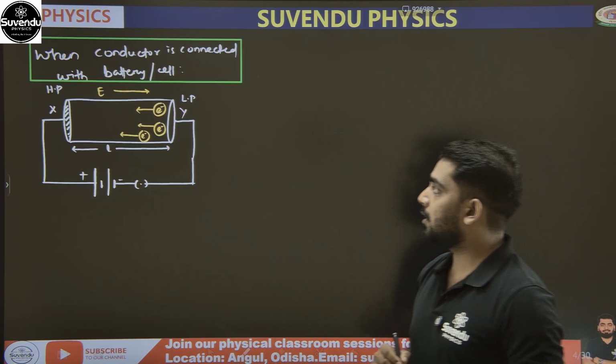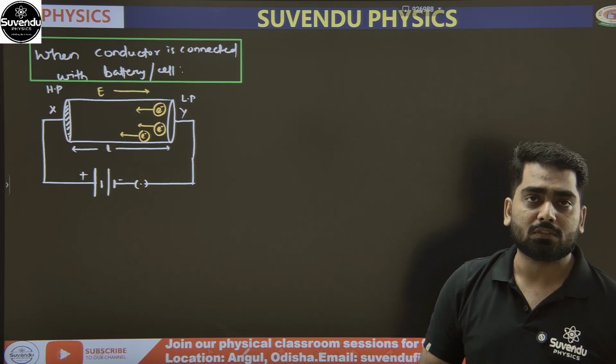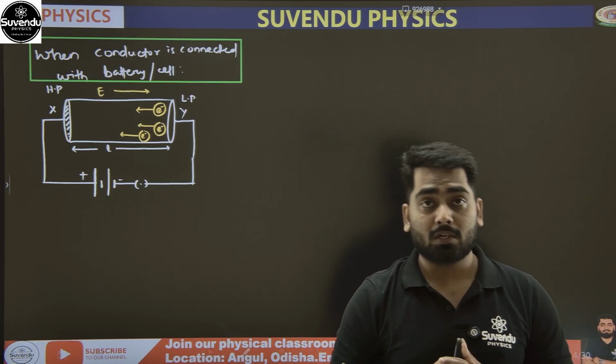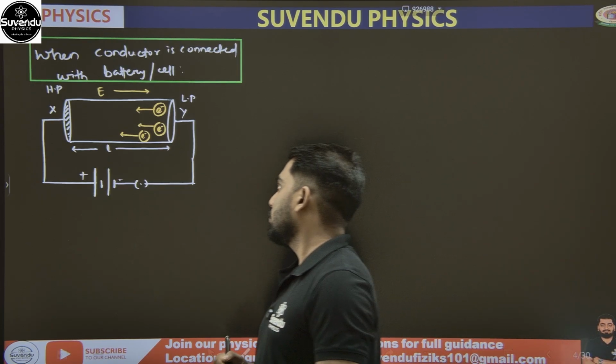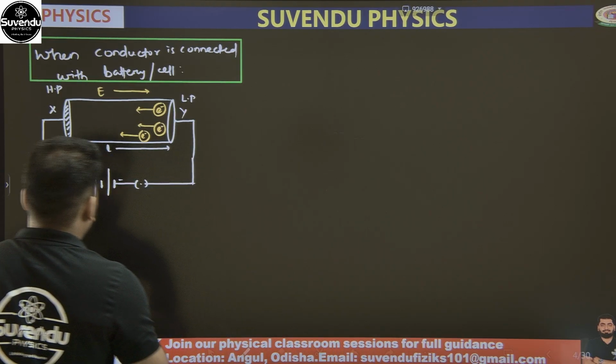What is the direction of electric field? Higher potential to lower potential. What is the direction of motion of electrons? Lower potential to higher potential. So now what we will write?